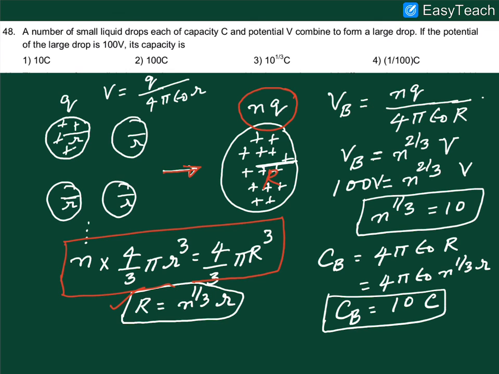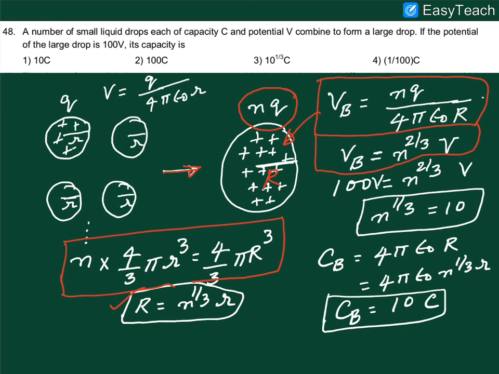Then the voltage of the bigger drop is NQ by 4 pi epsilon naught capital R, so we can express this in terms of the voltage of the smaller drop.